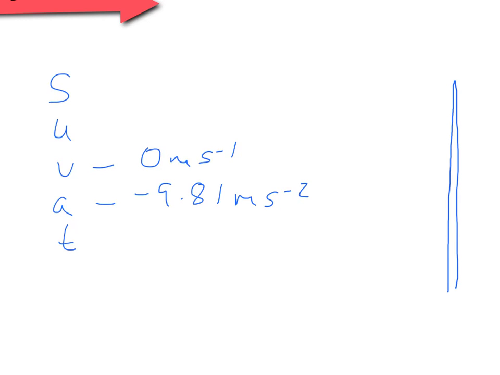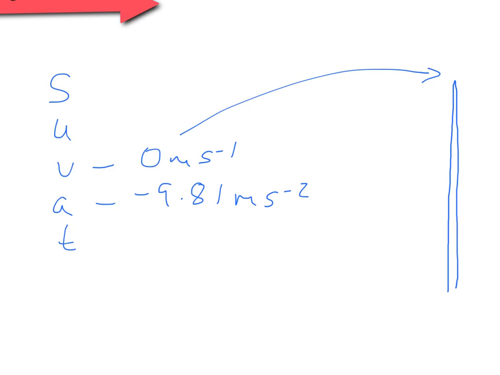So if we lay out our problem as we would normally, we've got S, U, V, A, and T. We have minus 9.81 for our acceleration, and we've also got a final velocity of 0 meters per second when the object is at the very top of its flight.